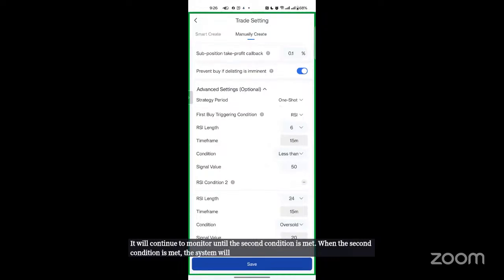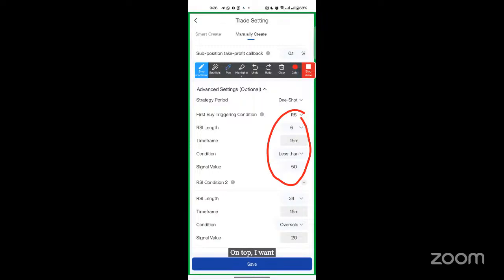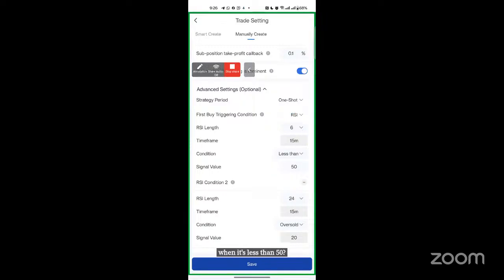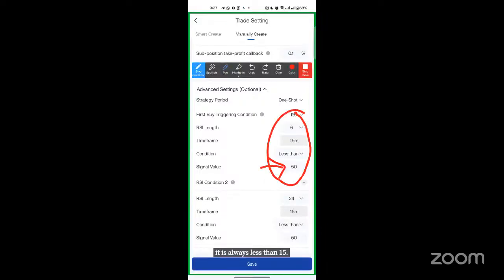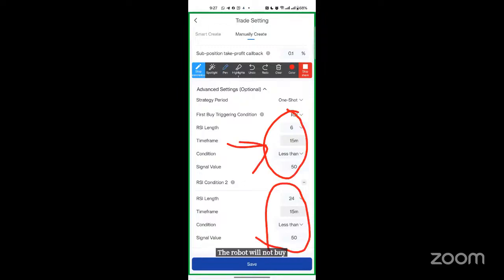For example, on top, I want the RSI of 6 when it's less than 50. Then below, I want the RSI of 24 when it is also less than 50. So once the RSI of 6 is met, the robot will not buy. It will wait until the RSI of 24 is also met. That's when your robot will buy your coin.